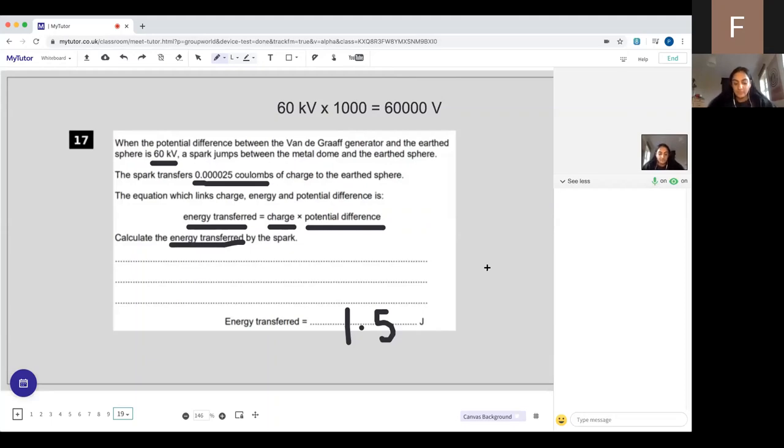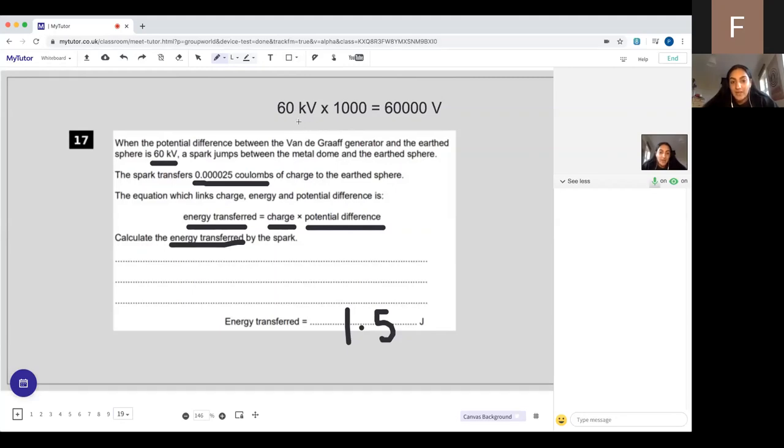Great. And when you convert to volts, do you always have to multiply by 1000? It depends what the letter before our unit is. So in our case, it was kilo. Now, kilo means 1000. However, if it was millivolts, so if you had a little m there, then we would need to do a different calculation.